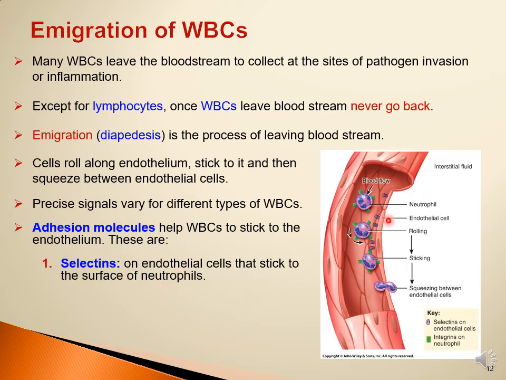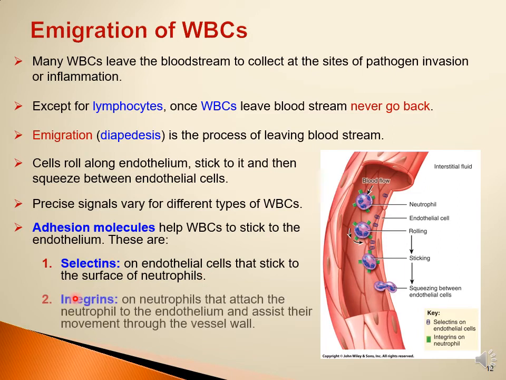And then we have integrins, proteins present on the surface of the neutrophils that attach the neutrophil to the endothelium, and this will assist in their movement through the blood vessel wall, through the cleft between the adjacent endothelial cells.